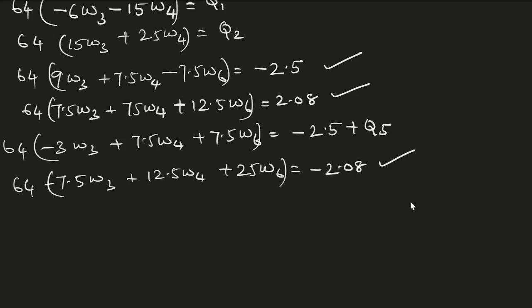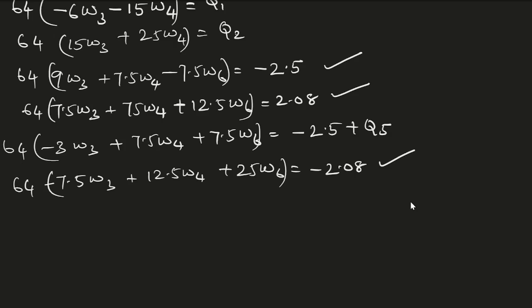The second equation: 64 into 7.5, and 64 into 75, then 12.5 into 64, this is equal to the constant 2.08. And the third equation, the last one: 64 into minus 7.5, this is W3, then 12.5 into 64, then 25 into 64. This is equal to minus 2.08.